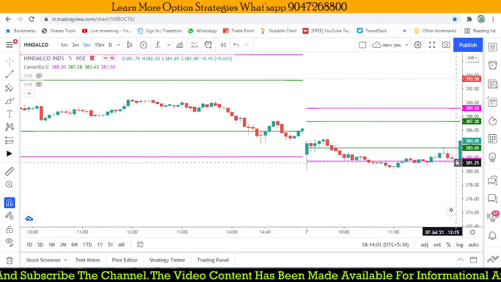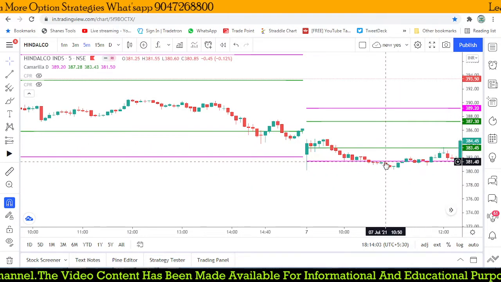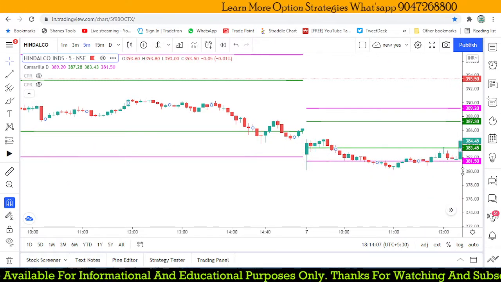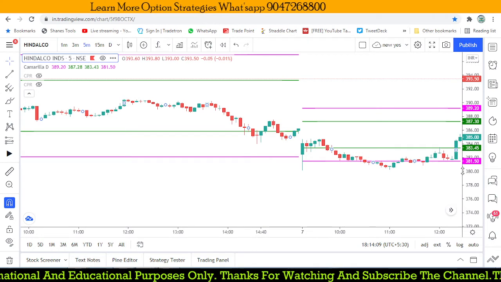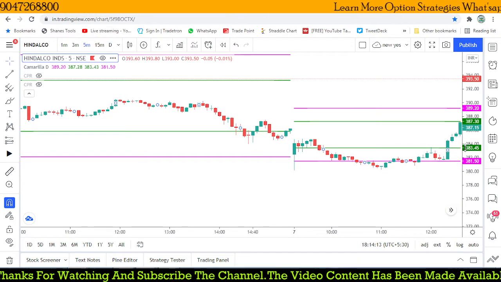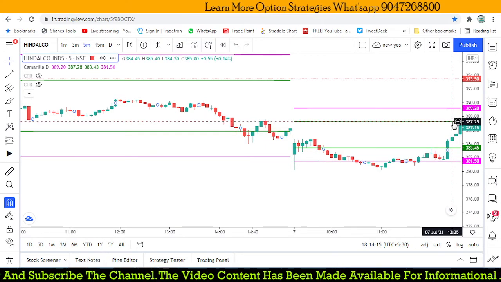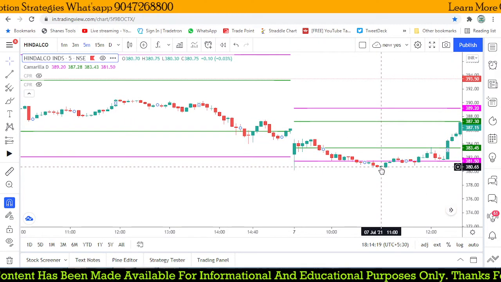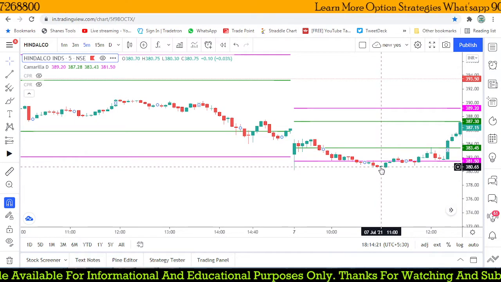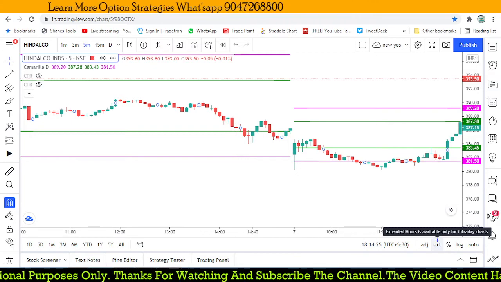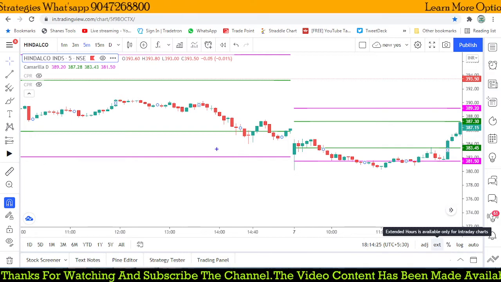If I do this, my first trade got its stop loss of 2 rupees triggered at the time, and my second trade got my buy point, and now it is slightly moving up and has triggered my target of 387. What we understand from this trade is that I was expecting a selling opportunity in the market.